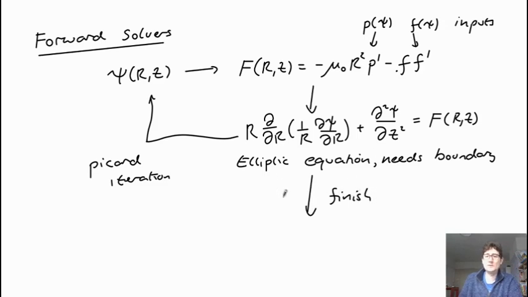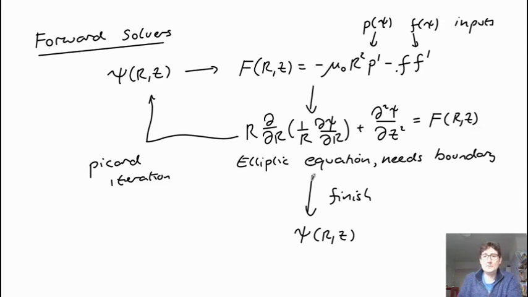Once psi stops changing, we have, at the end, psi, r, and z, once it's converged. I guess this is the Picard iteration scheme, which is used for all these solvers. There are alternatives, but that's the most robust generally.